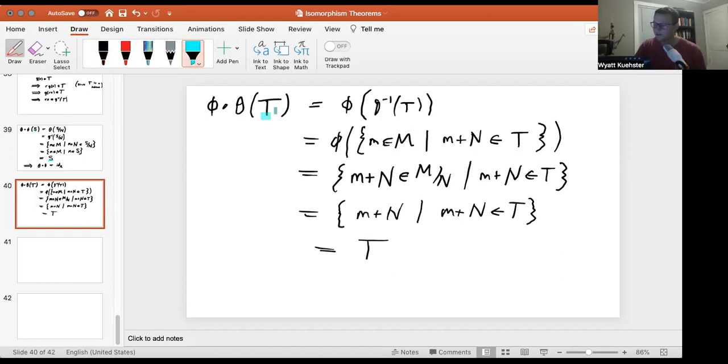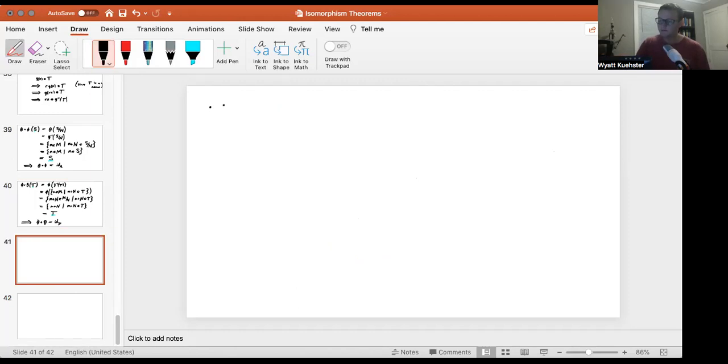So this one is the identity as well, but now it's the identity on B, submodules of M mod N. So phi composed with theta is the identity on B. Therefore, theta and phi are inverse bijections.